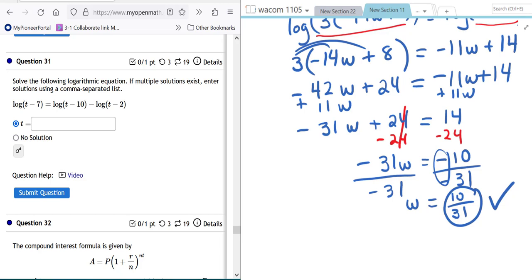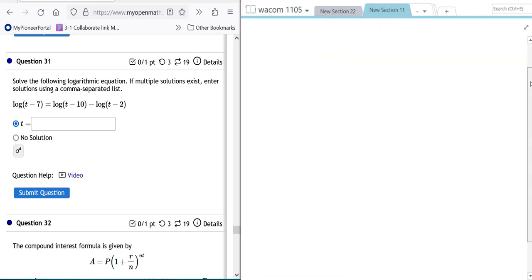All right, 31, I wanted to do one more with the log on both sides. And you will have to condense on the right-hand side this time.